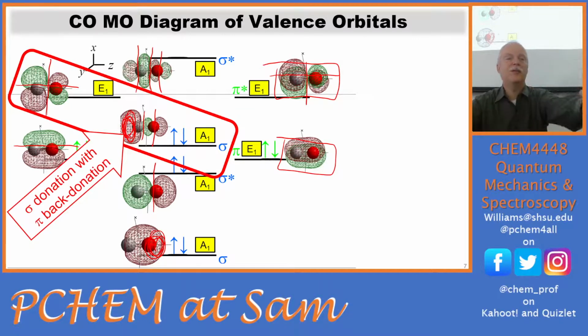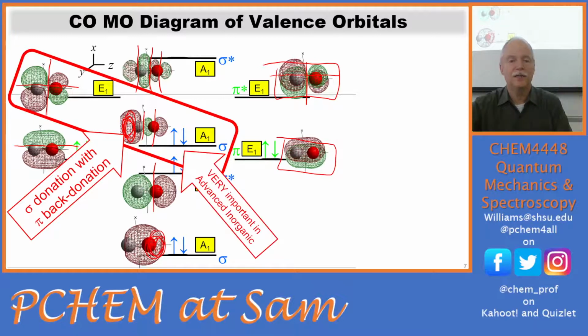And then the d orbitals can interact with this antibonding pi star orbital on the carbonyl. So it's not quite a double bond, but a double association. So a sigma can interact with the metal, and the metal can interact with the pi star on the carbon monoxide. And so this is a very important concept in advanced inorganic.